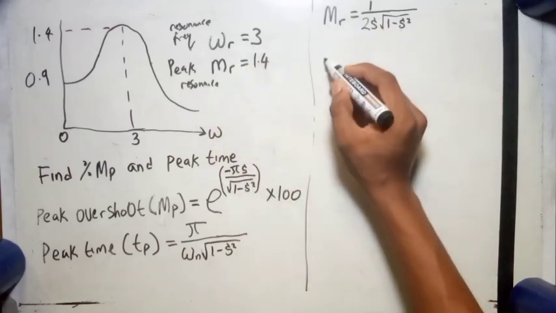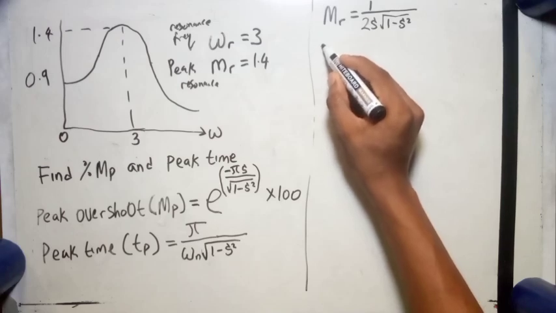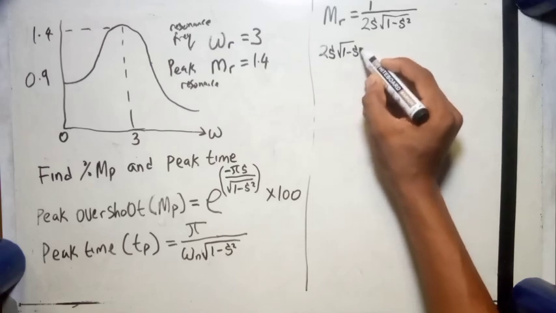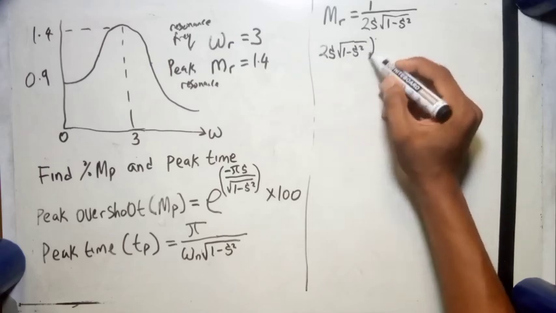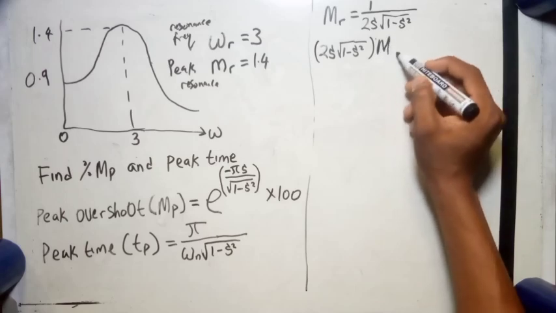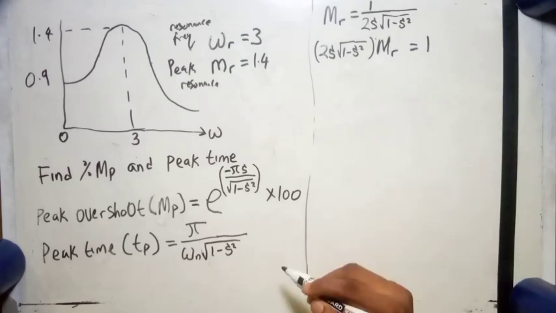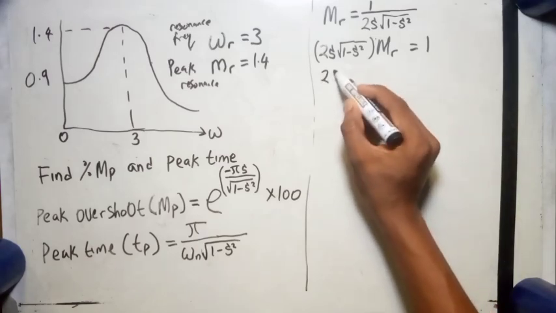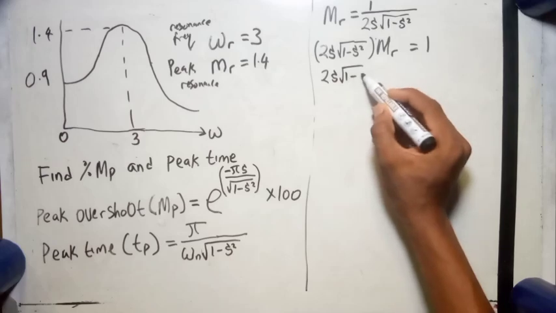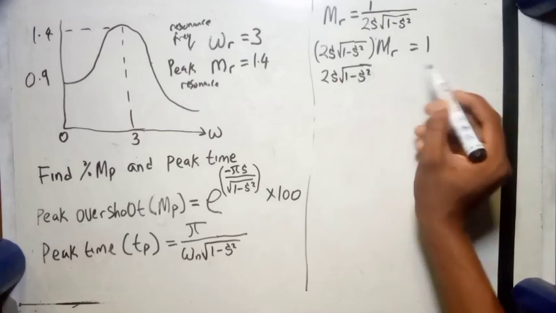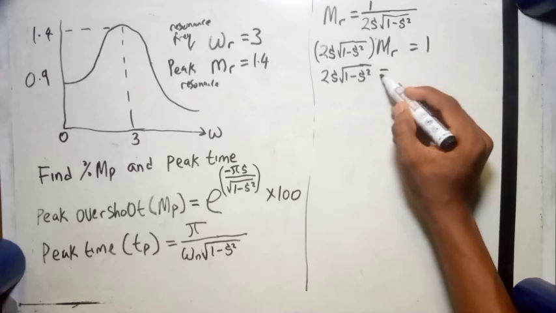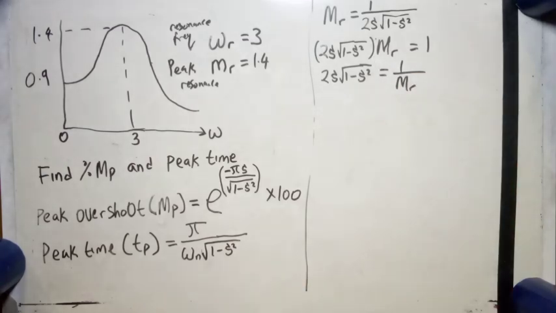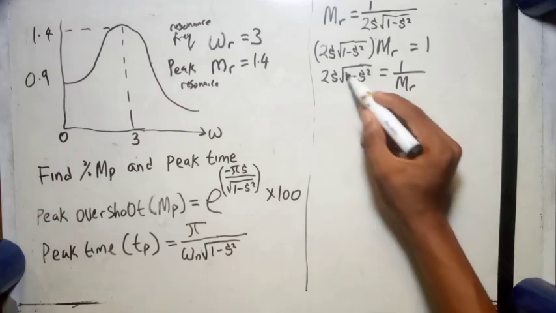Before we substitute, let us first try to make some formula. Let's cross multiply. We have 2 zeta root 1 minus zeta square multiplied by our Mr is equal to 1. This also means that 2 zeta root 1 minus zeta square is going to be giving us 1 over Mr, that's dividing both sides by Mr. Now, for us to get rid of the square root, we're going to be squaring both sides.